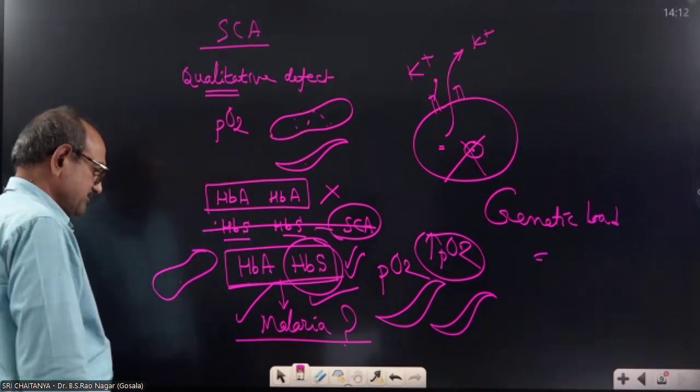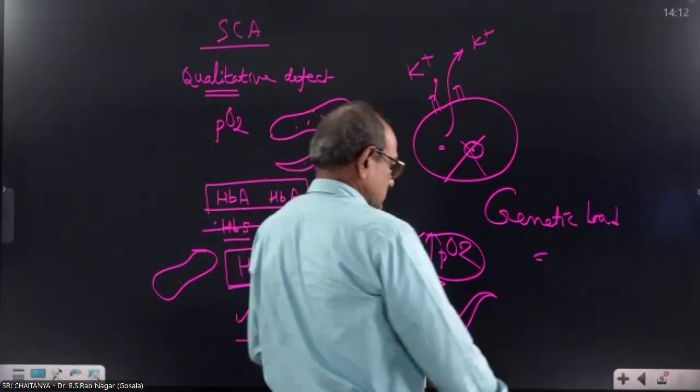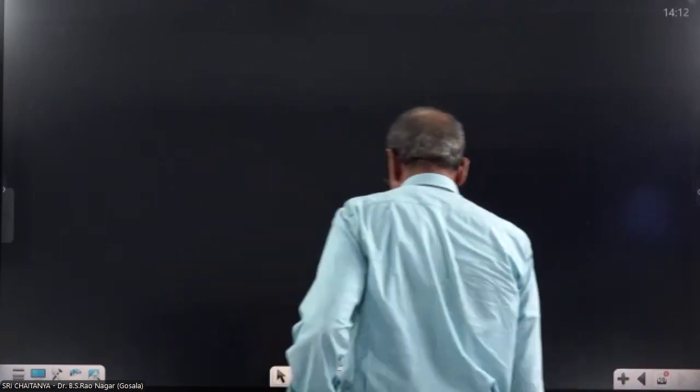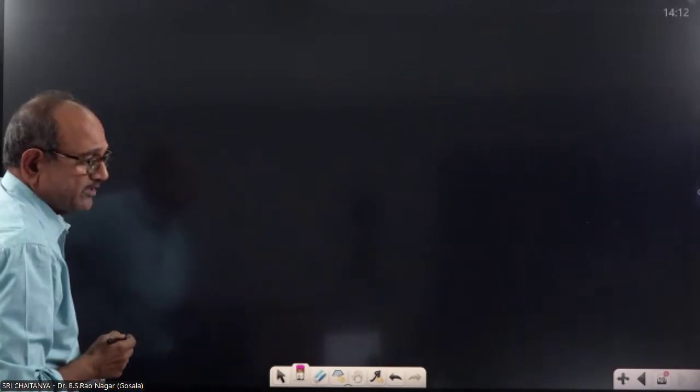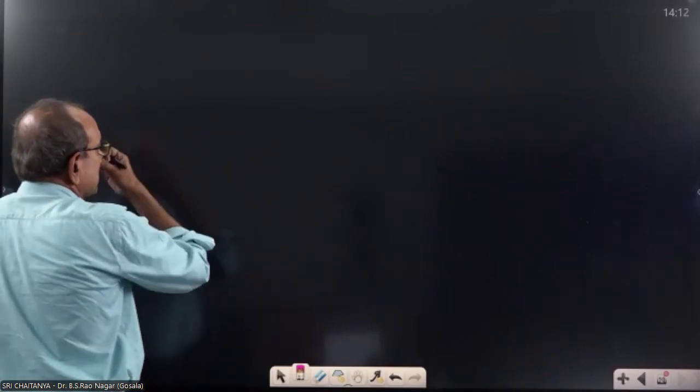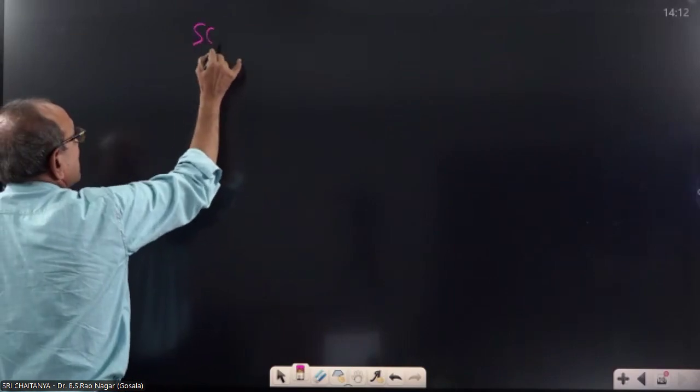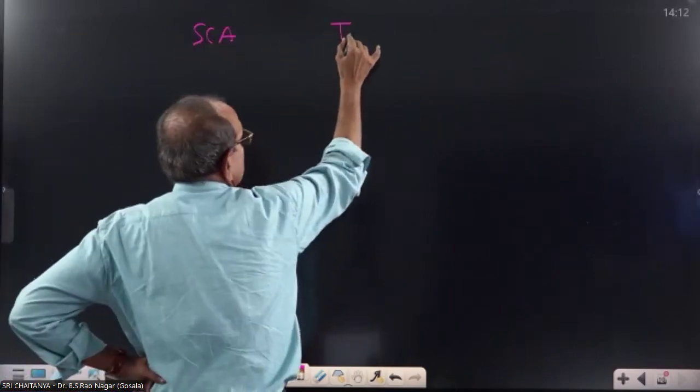Then thalassemia. Thalassemia is also a Mendelian autosomal disorder, but what is the difference between sickle cell anemia and thalassemia?